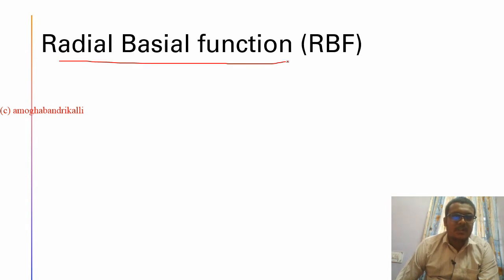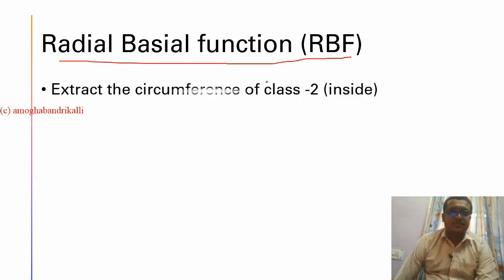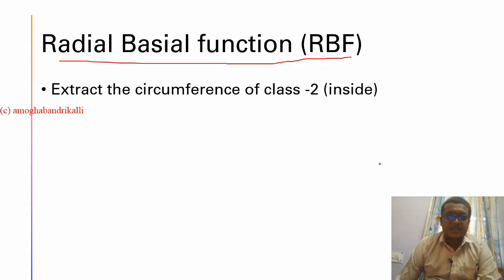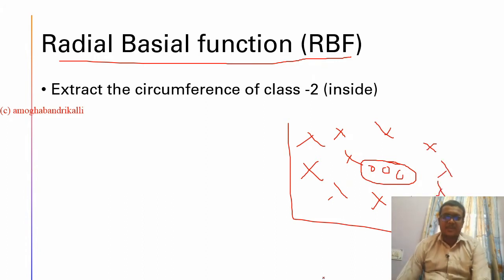The next one is the radial basis function. It extracts the circumference, inside which is class 2. That is what we have just seen in the previous part, in the data we saw in the pie chart.